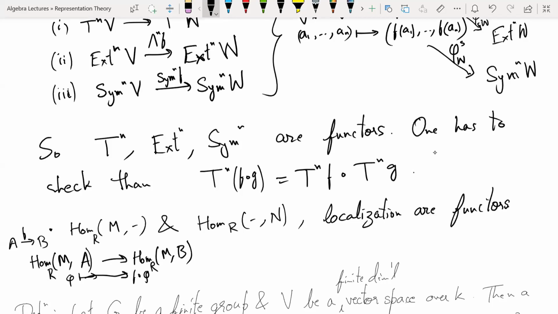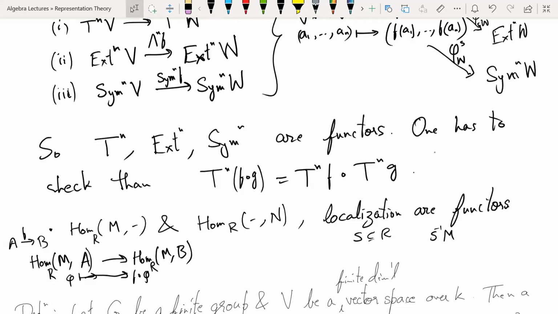Similarly, localization. If you are inverting, you have to start with some ring and a multiplicative set. Then of course S inverse M is an R module.